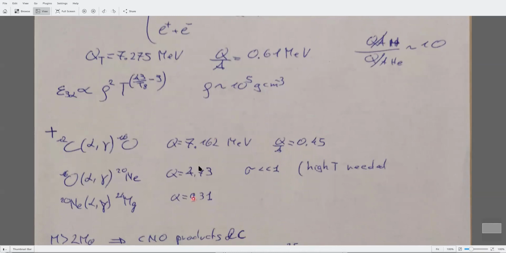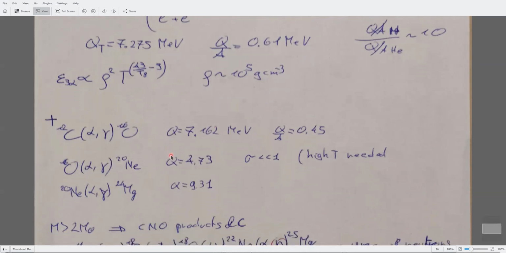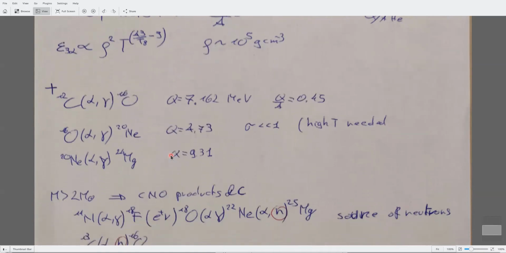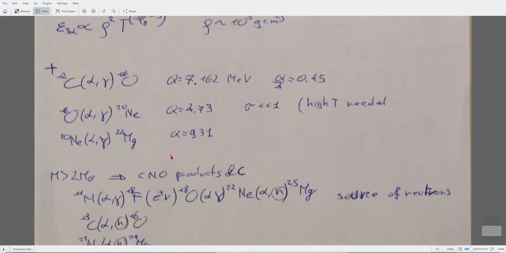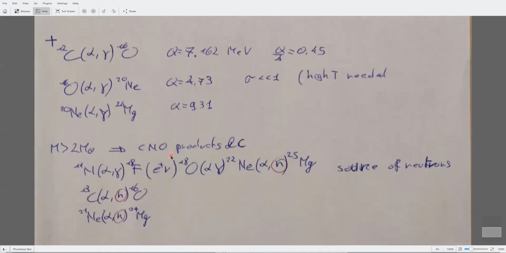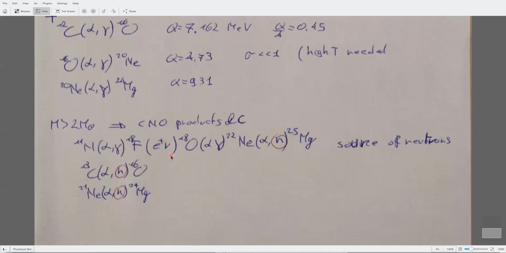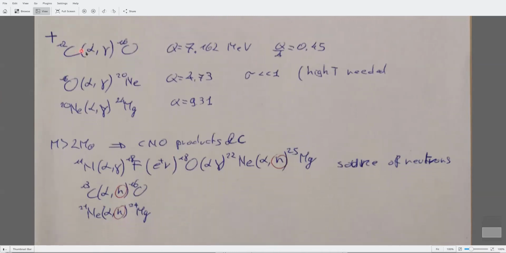Another substantial reaction for the helium is this one. It's the production of oxygen.